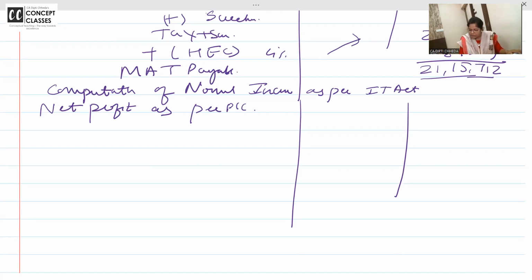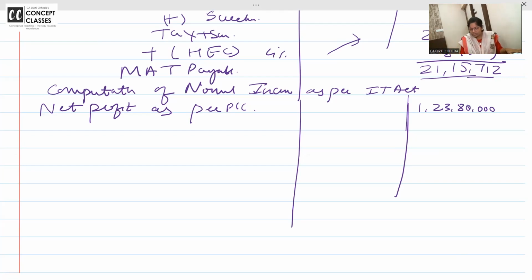Now you go into the income tax zone. What Dipti ma'am has taught you in inter, add and less. Those who don't know, please message me in the group. I'll send one video. For this add and less, you have to remember something is debited, disallowed, add. There are some logics. And did you all watch the business head revision video, which is given as a bonus to all of you? All revision videos are there in the folder.